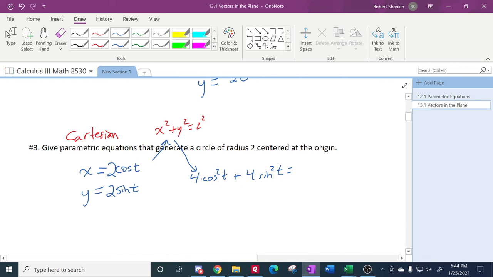And if you factor out the 4, this turns out to be 1, and it does turn out to be 4. It comes back to the Cartesian equation of the circle. Okay, give me a little feedback on number 3.